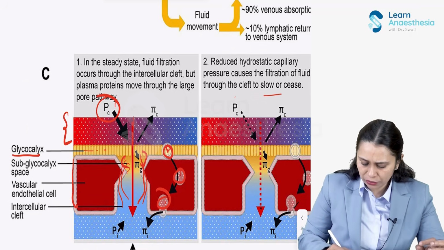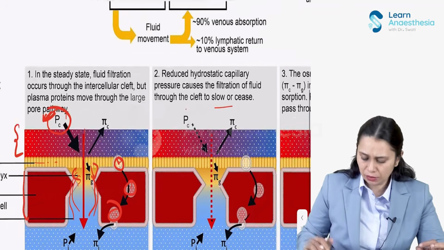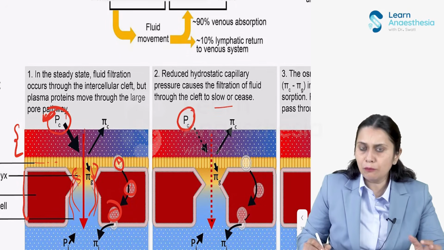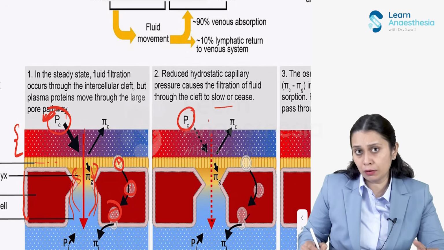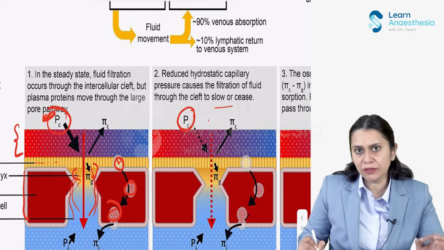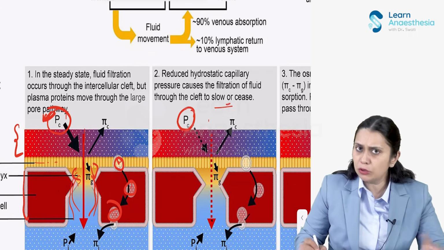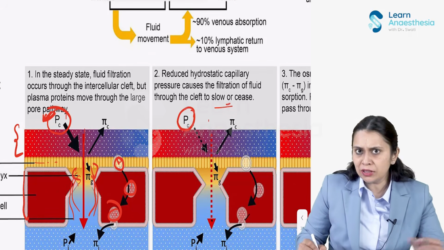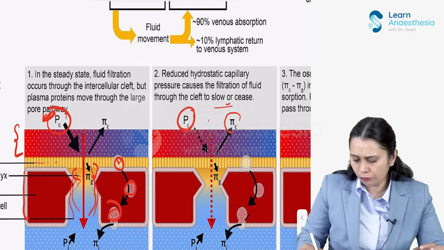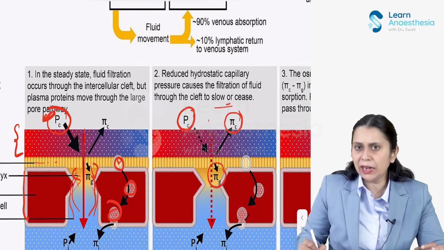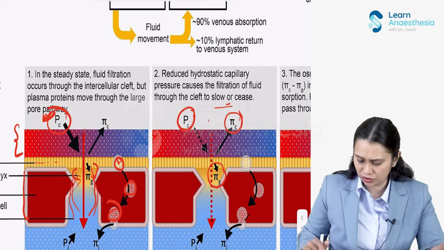Now when the hydrostatic pressure decreases, what happens? The movement of fluid across the cleft decreases, it becomes slow. And the difference in the oncotic pressure of the intravascular space and the subendothelial space, that is the subglycocalyx space, also changes.